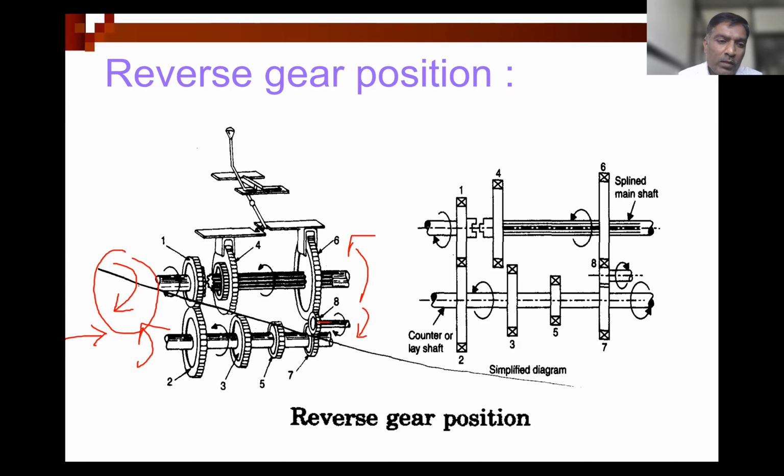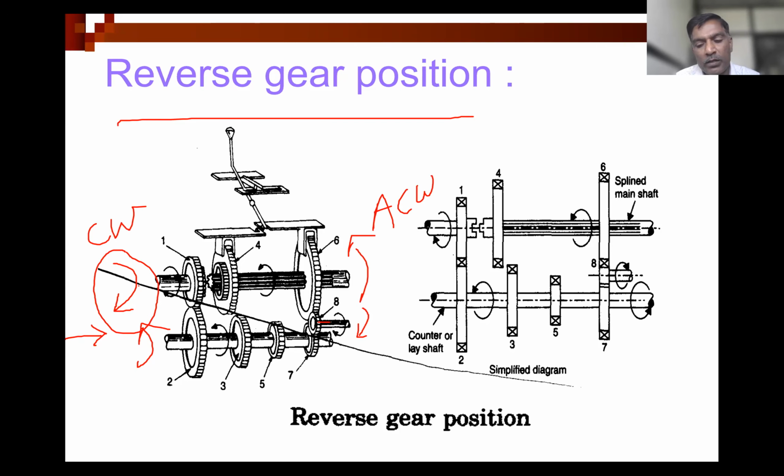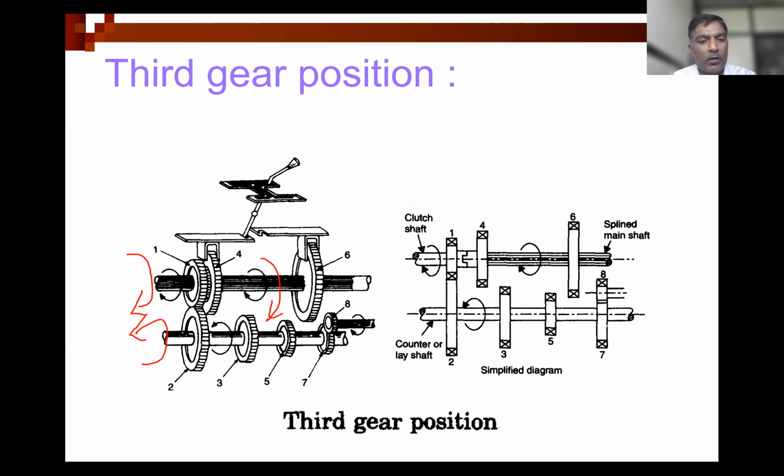So this is clockwise once again, and this one is anti-clockwise. So the main shaft is going to rotate in the opposite direction to that of the clutch shaft, and this is called a reverse gear position. And here what you are observing, whatever direction of rotation of the clutch shaft, with the same direction this main shaft is also rotating.